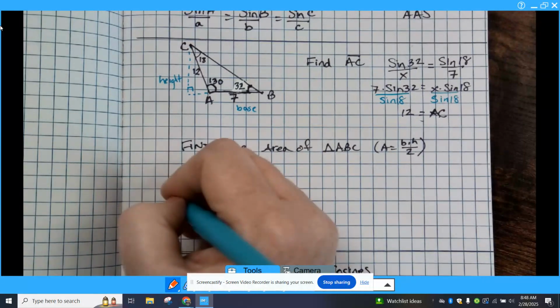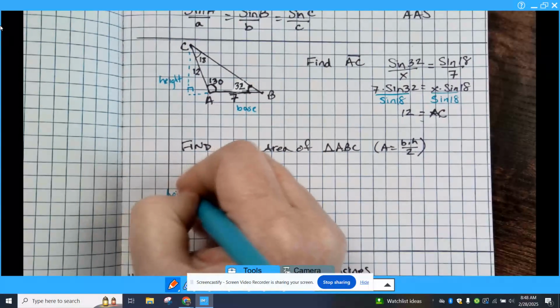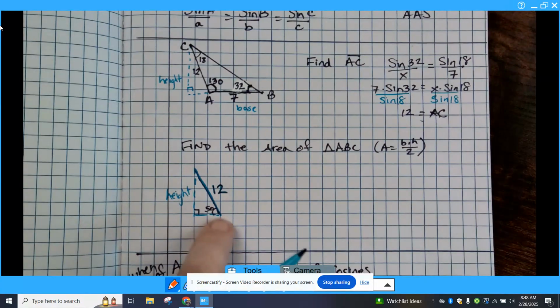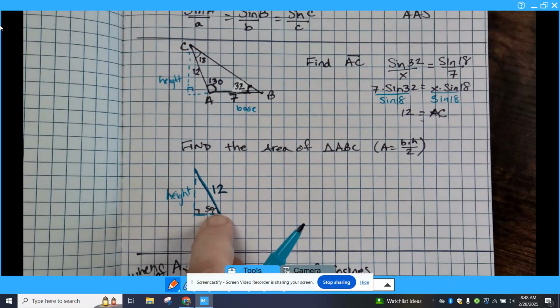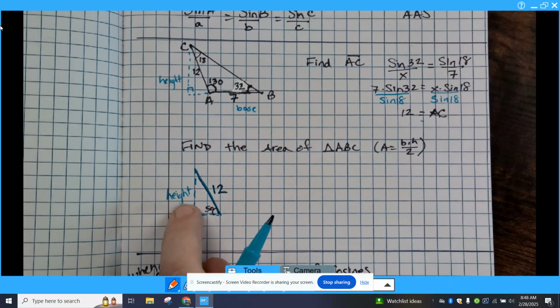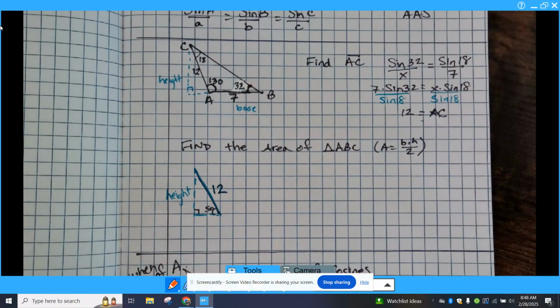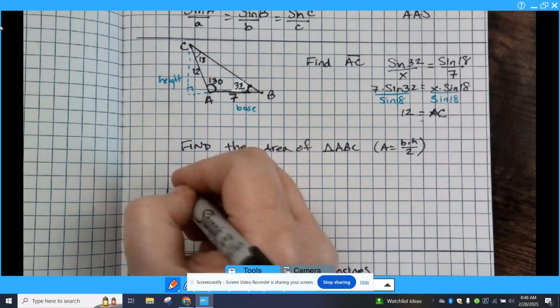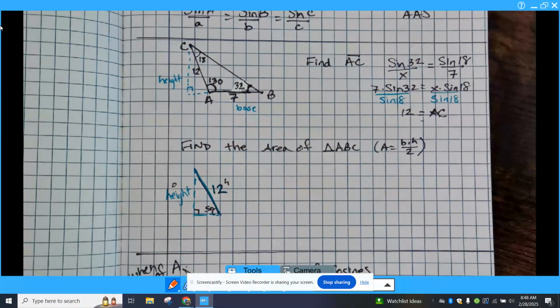So if we're looking for the height, then if we're given 50, this side is opposite. This is the hypotenuse, and since it's a right triangle, we can use sine, cosine, or tangent. In this case, we're going to use sine because this is our opposite and this is our hypotenuse.